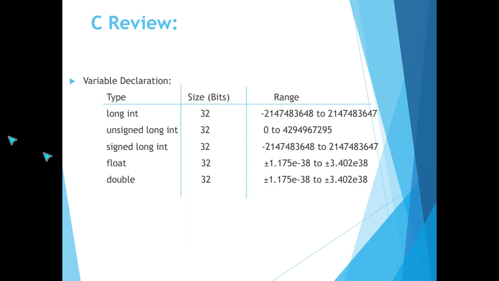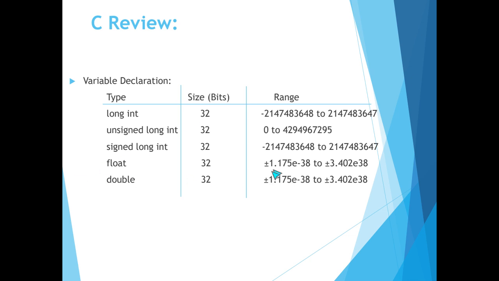And also for long int, we have long int for high lengths of integer numbers. As you see, it's including these numbers. And also double and float are used for real numbers.